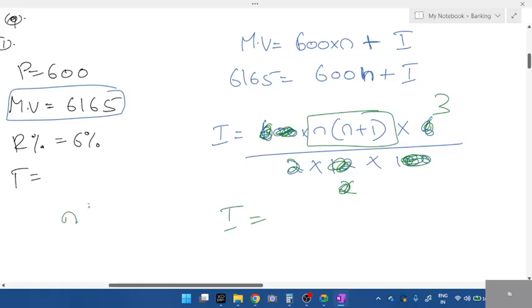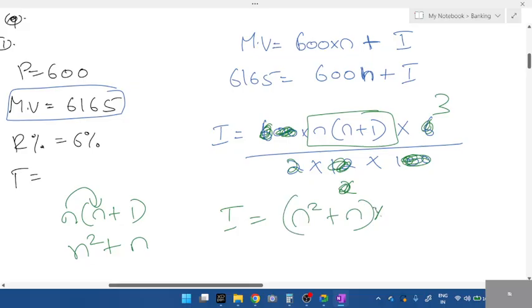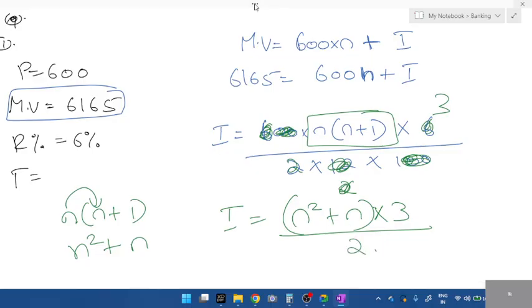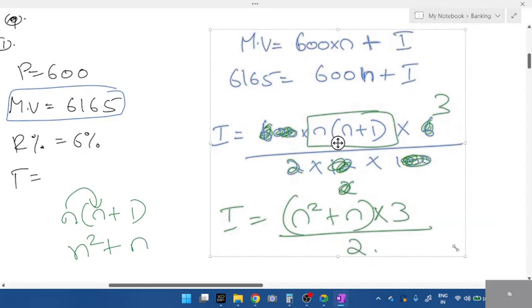If you open the bracket, first multiply N into N. N into N is N square, students. Plus into plus is plus. N into 1 is N. N square plus N into 3 as it is, like this, into 3 divided by, we have 2 left. Is this clear till here? Did you understand this part? Okay, next one.